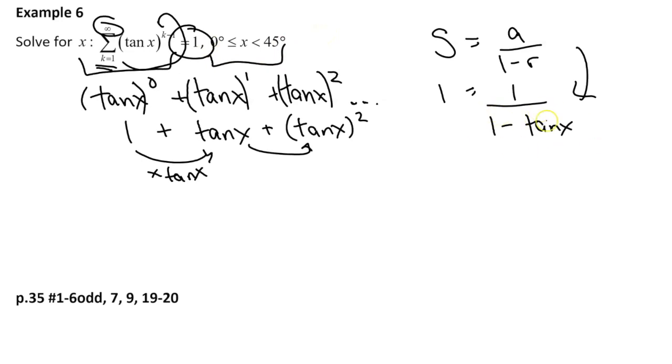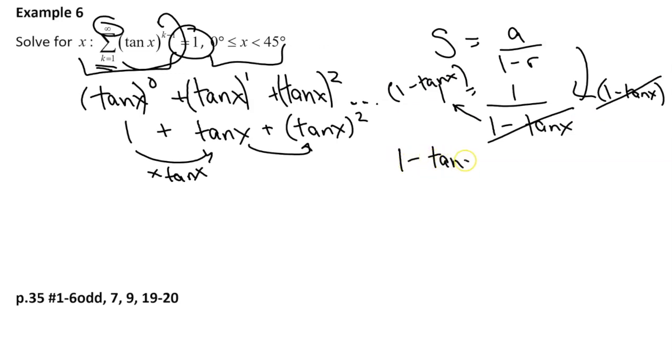This 1 minus tan x, we want to multiply to the other side. So let's times both sides by 1 minus tan x. And we would get 1 subtract tan x is equal to 1. And then if you do some algebra here, tan x is going to be equal to 0.